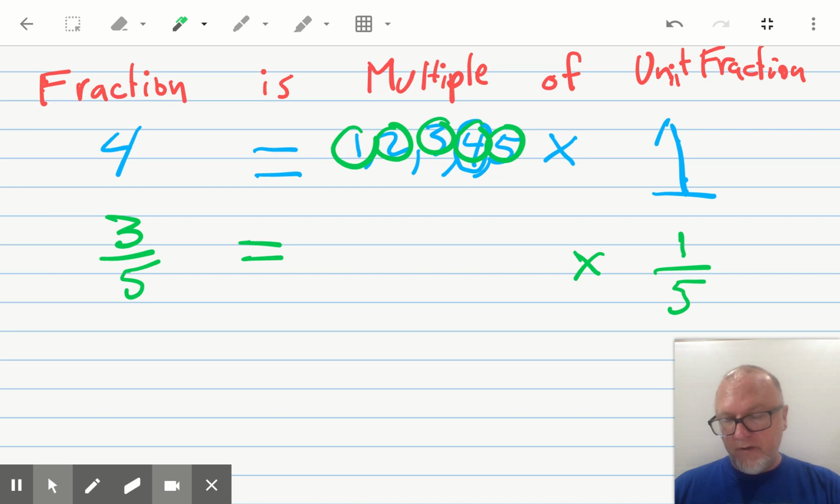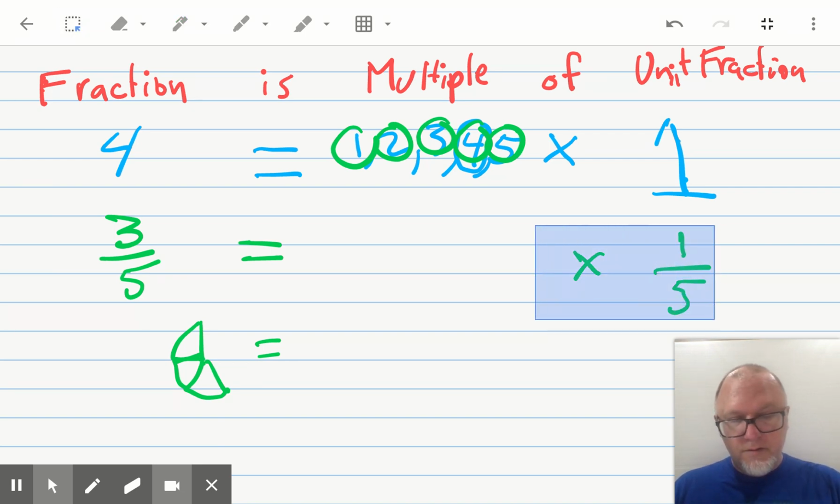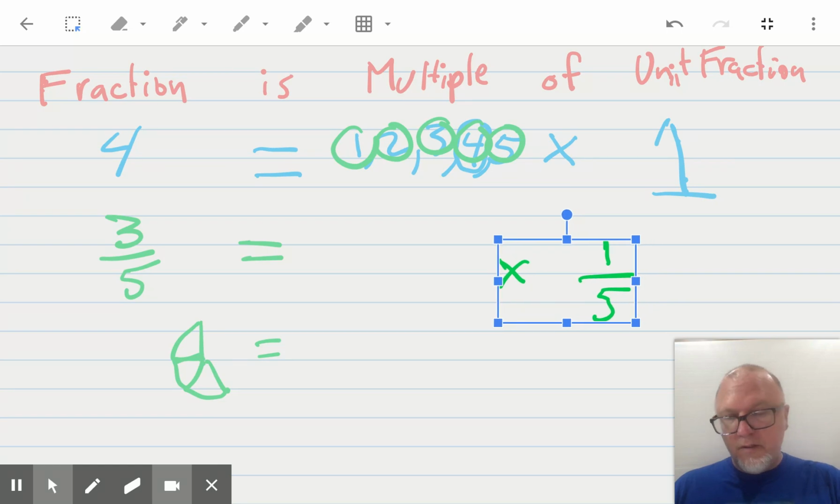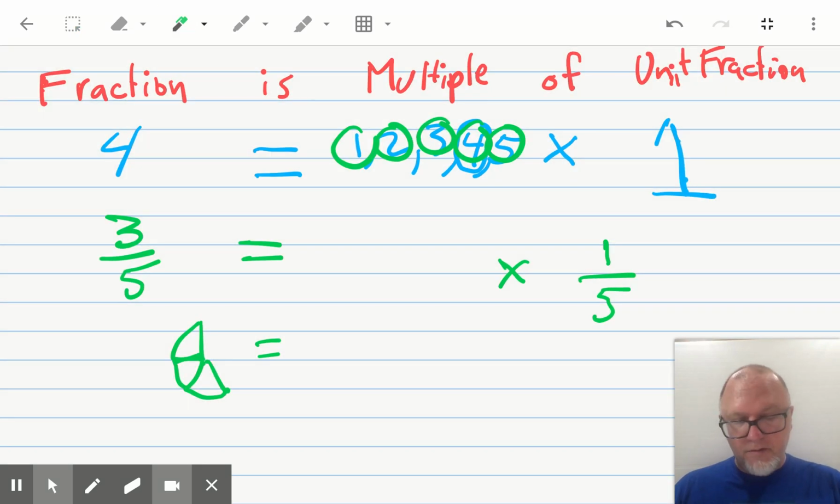To get to 3/5, well, let's draw it out. To get to 3/5, how many times will I have to do 1/5? So what I want to know is, to get to 3/5, how many times do I have to do this 1/5? Okay, so here's the 1/5.